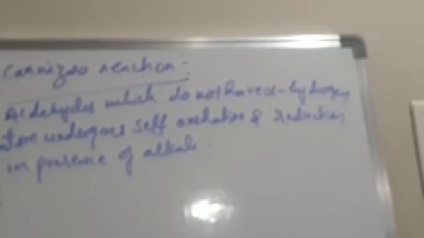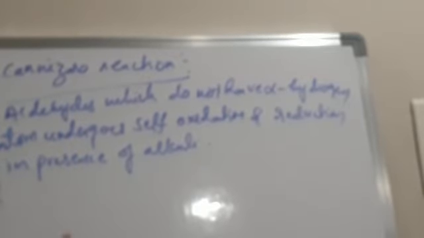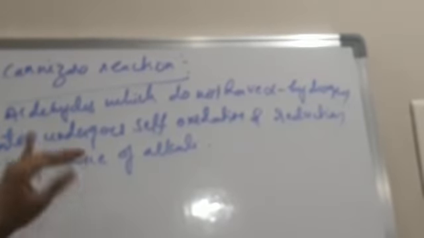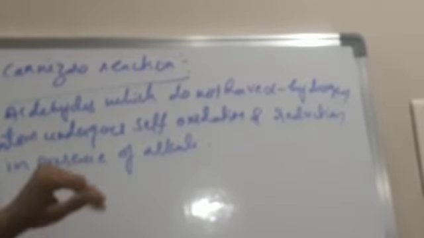Okay? So during the reaction, they form alcohol and also salt of carboxylic acid. We get two products. One is alcohol and another one is salt of the carboxylic acid.